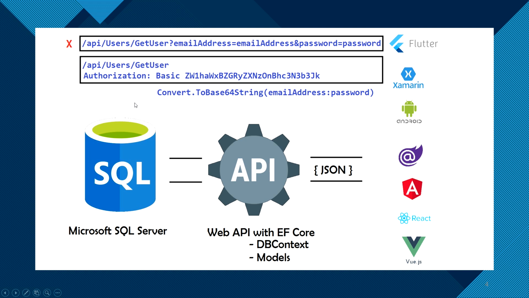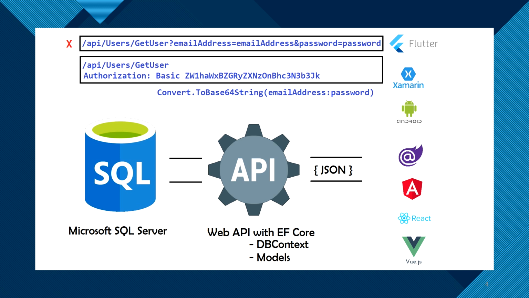So for basic authentication, what you do, you pass an encrypted string of your email address and password. In my case, I'm going to use email address : password, and you can use any encryption method. Make sure that you have the decryption algorithm for that too.